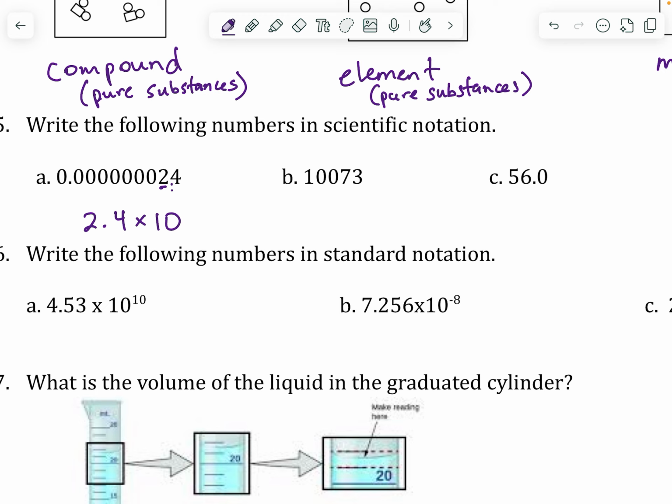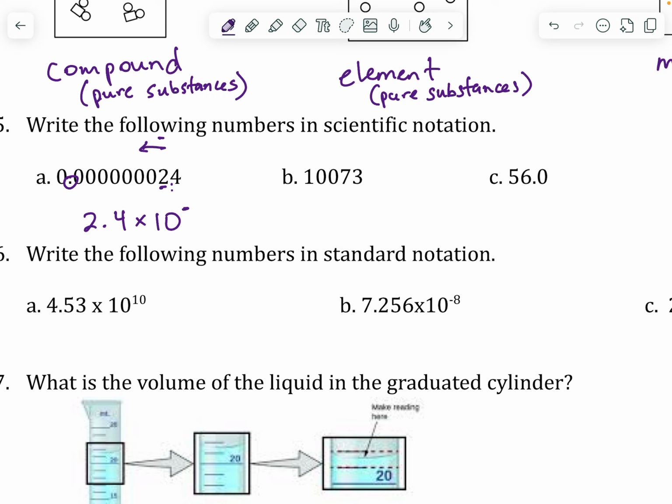And in this case, the end is this decimal right here. And so in order to get to this point, we would have to move this decimal to the left, which tells us that this is going to be multiplied by a factor of 10, but negative, right?